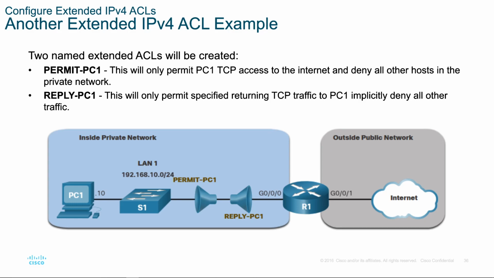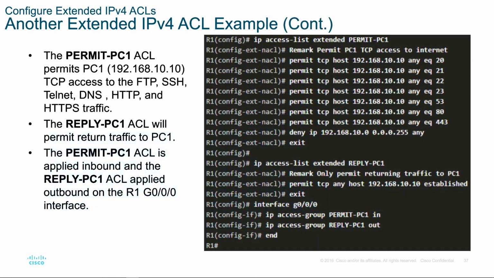Okay, so basically the same scenario here, but we're doing it on many different protocols for the same host. So here we're allowing this host out to the internet using ports 20, 21, 22, 23, 53, 80 and 443 and denying all other traffic out.